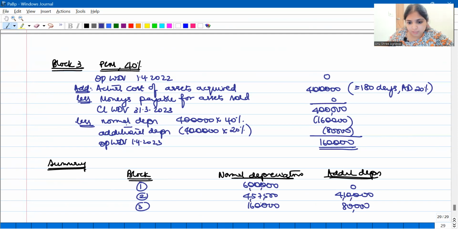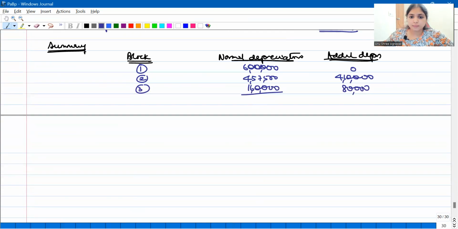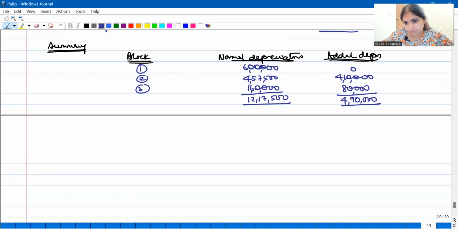So give me your final numbers, your total depreciation numbers. Total normal depreciation is 6 lakhs plus 4,57,500 plus 1,60,000, 12,17,500 here and 4,90,000 here. So therefore, total depreciation is equal to 17,07,500.